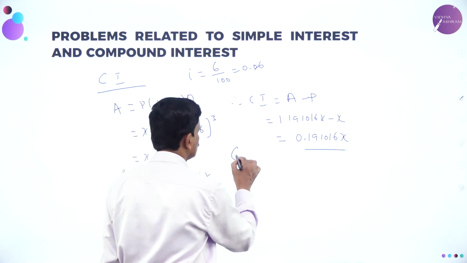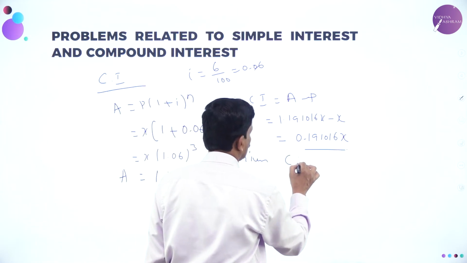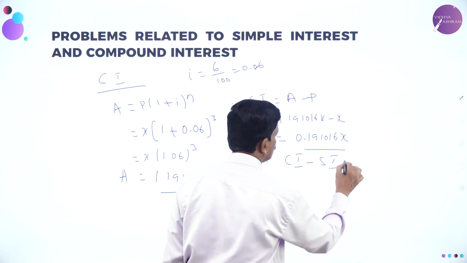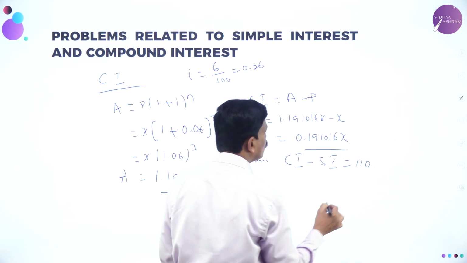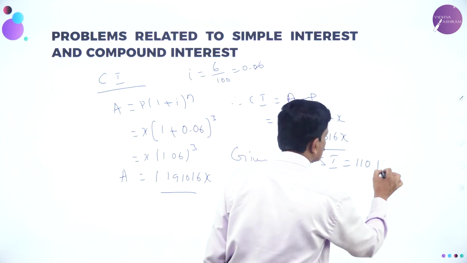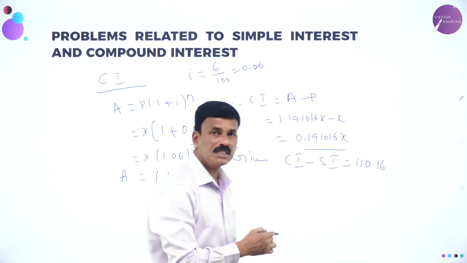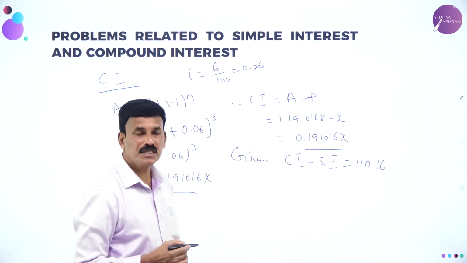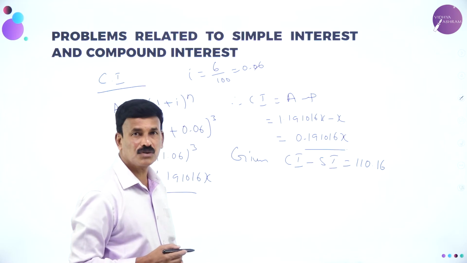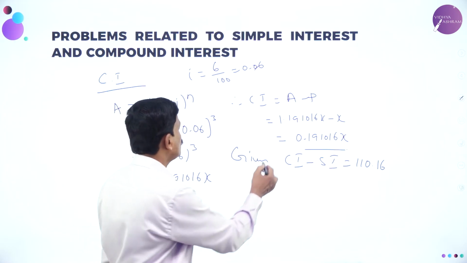But what is given? Given compound interest minus simple interest is equal to 110.16. Now substitute. What is compound interest?